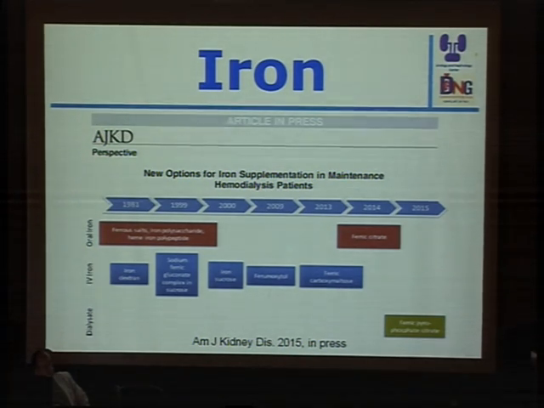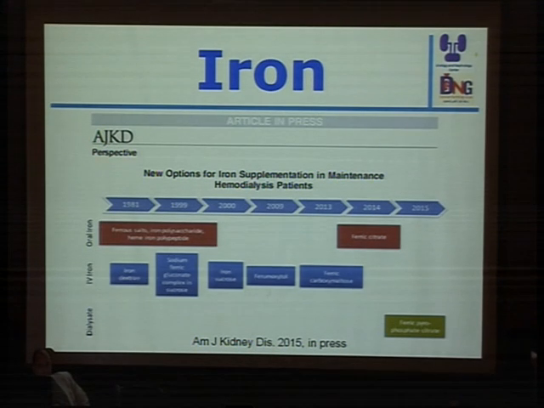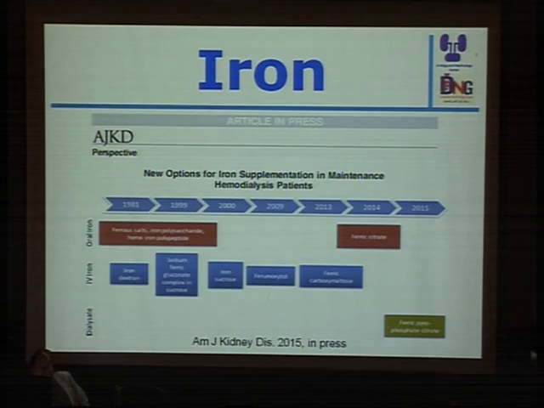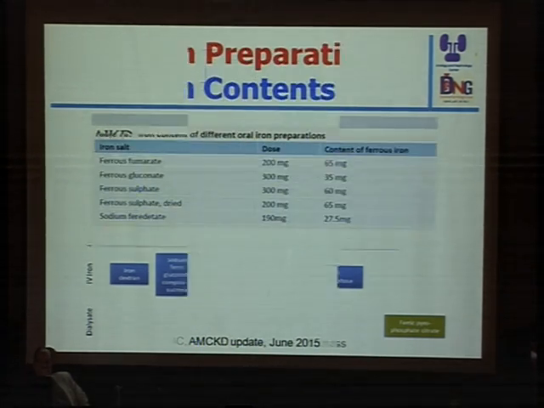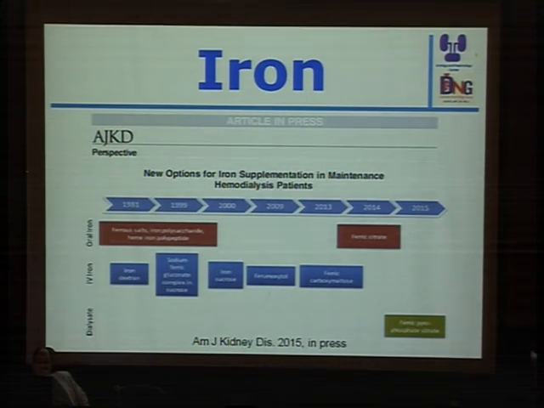It is seen that it will be the future treatment strategy in dialysis because it is more physiological. So if you look at this map, you will know the evolution of iron through the years.